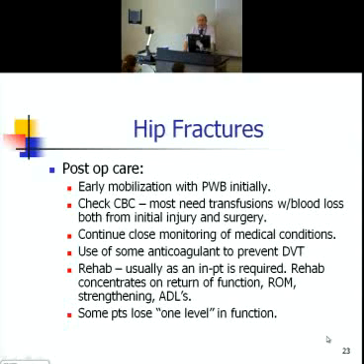Okay, so you want to check the CBC on the first day. You don't even need a CBC, really. An H&H would be enough, hemoglobin and hematocrit. The rationale there is they've had blood loss from the fracture, and now you've compounded that with the surgery. So for 2 or 3 days after their surgery, you want to check their hematocrit and hemoglobin, and then transfuse them as needed. We generally don't transfuse patients until their hematocrit gets down to around 26.